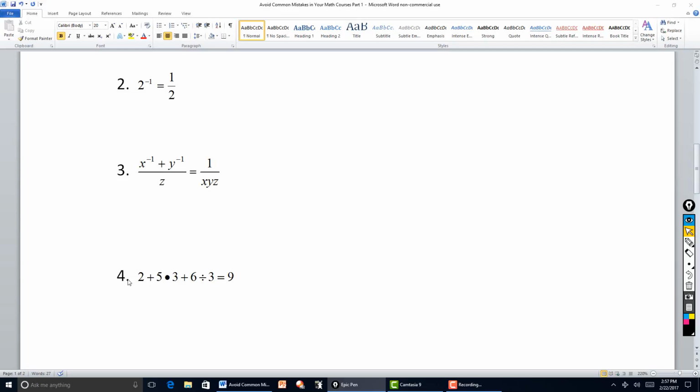But if there are no parentheses in something like this, the order of operations is multiplication and division are done first, and then you can do any additions or subtractions. So in this particular case, you have to do the multiplication right here first.